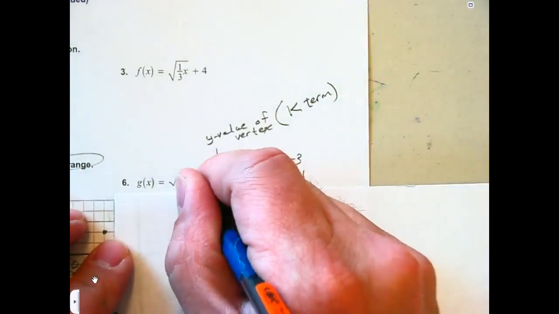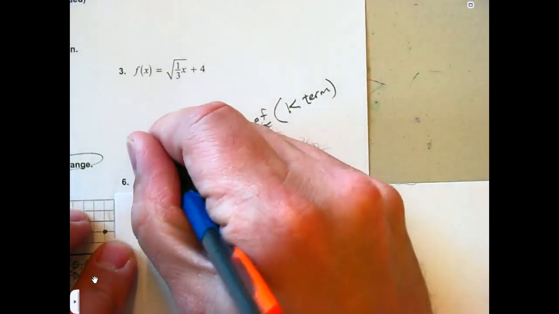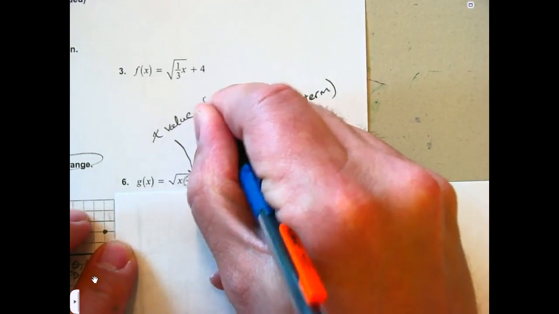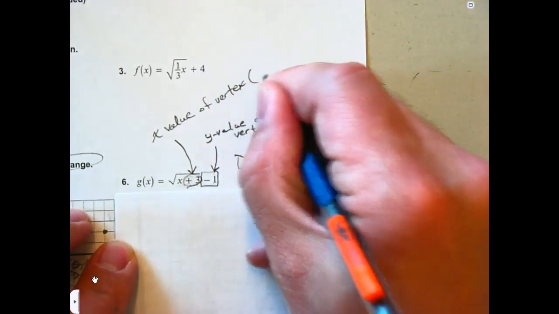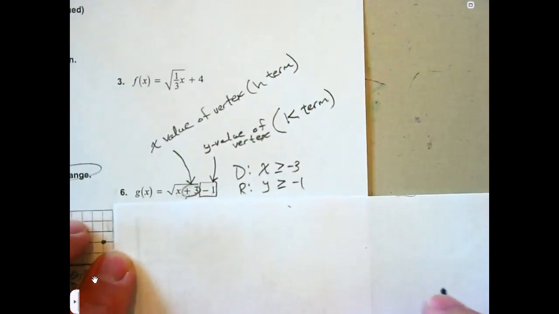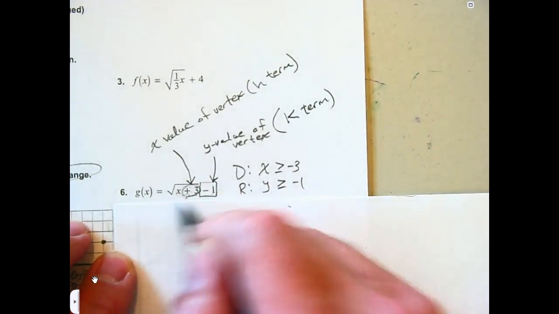This right here, that's the x value of the vertex. In math, we call that our h term. Now, notice it's opposite. Remember, it's backwards in there.